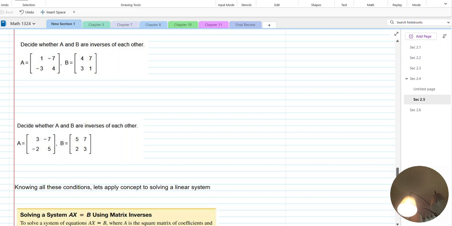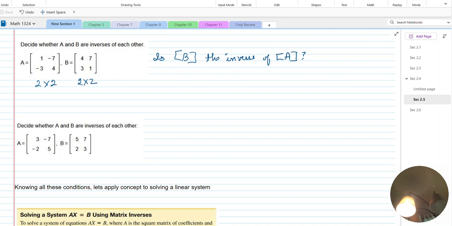Now here is, we're just deciding, is matrix B, sorry about that, is matrix B inverse of A, matrix A. So that's what we're finding out. So that means we're going to enter them, and we know there are two square matrices.